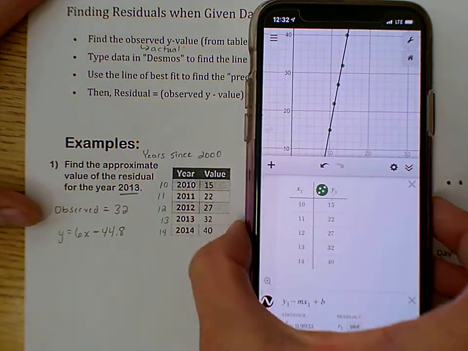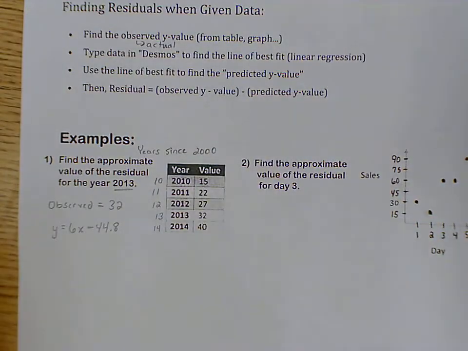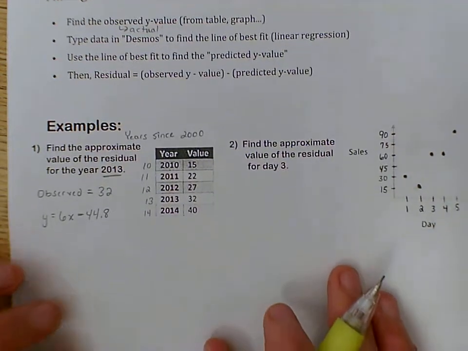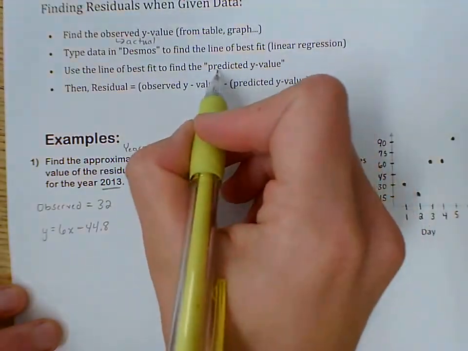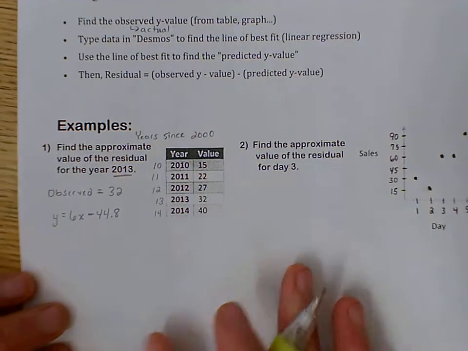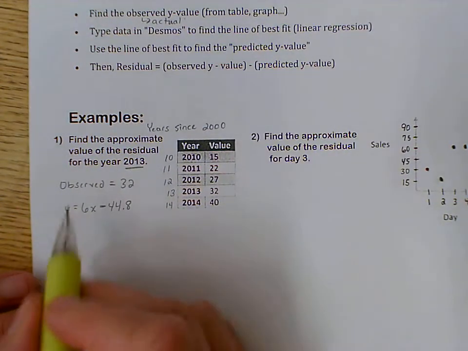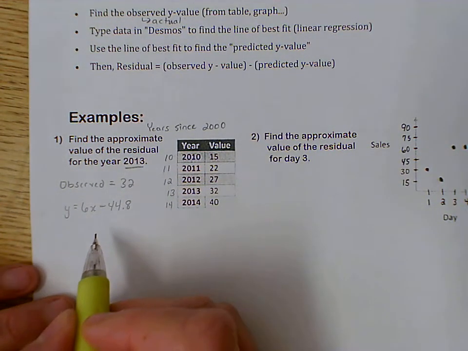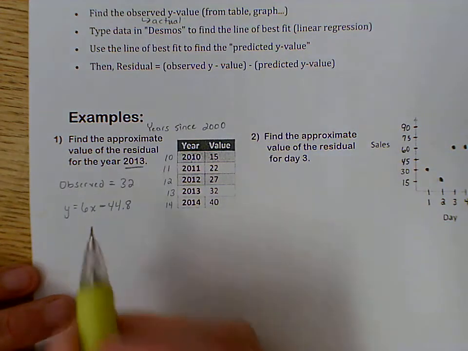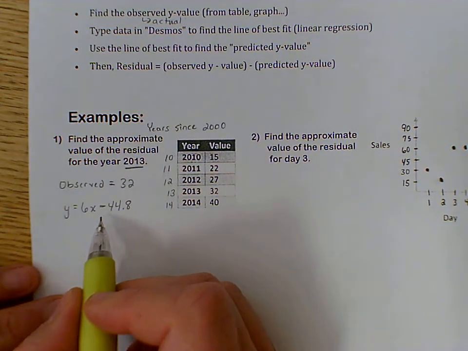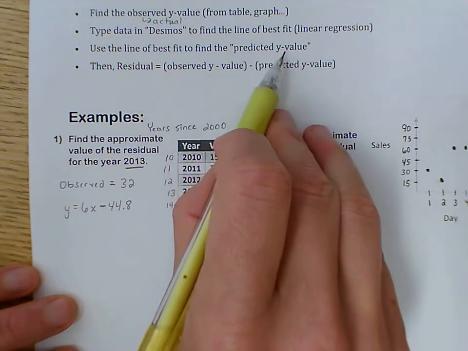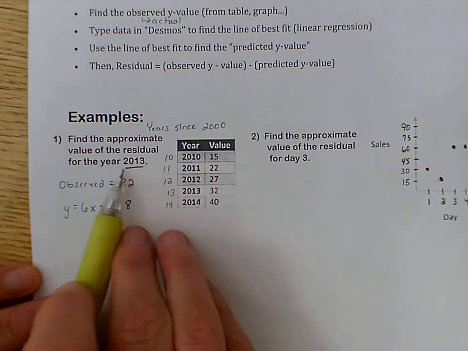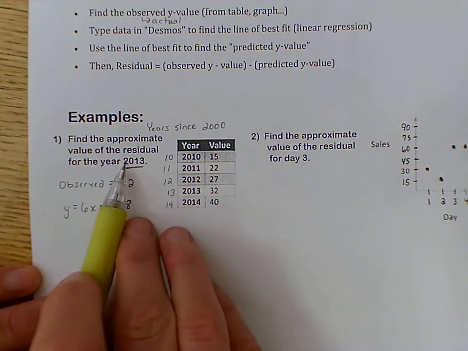So once you get your equation, you're good with your Desmos for a minute, and you can actually find the predicted value. Because remember, one main reason we make lines of best fit is to predict things. So what we actually have to do is find the predicted Y value that goes with this year 2013, okay?